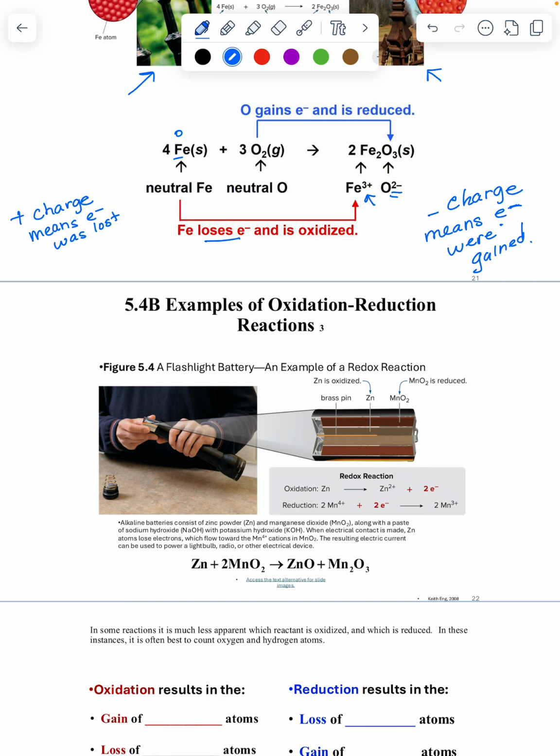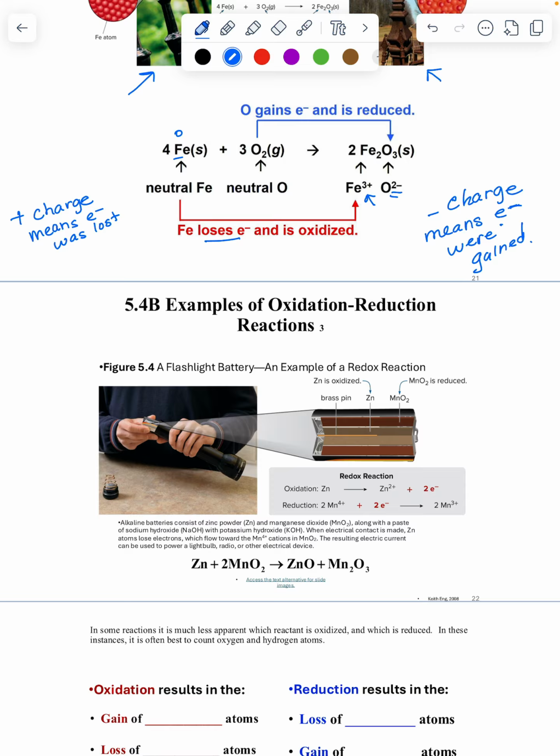Those two chemicals go through a redox reaction, and electrons are transferred from one atom to another. One is oxidized, the other is reduced.